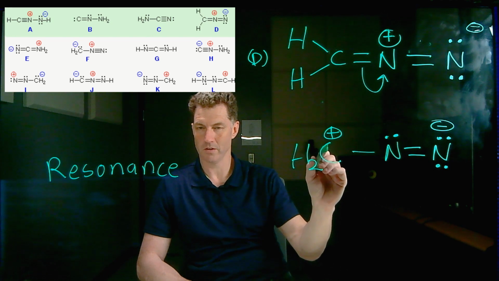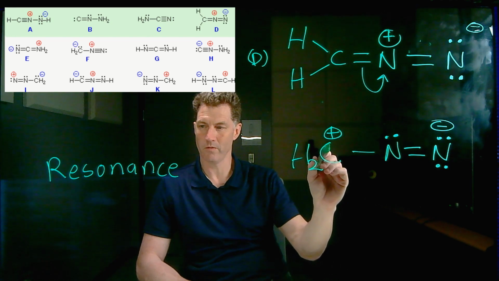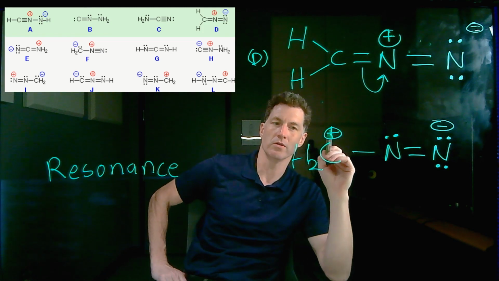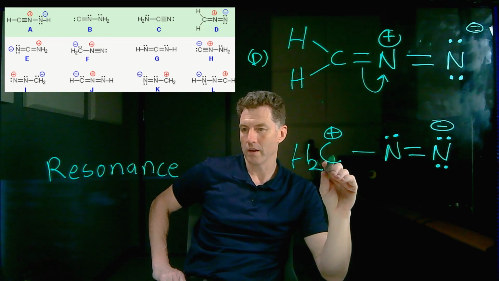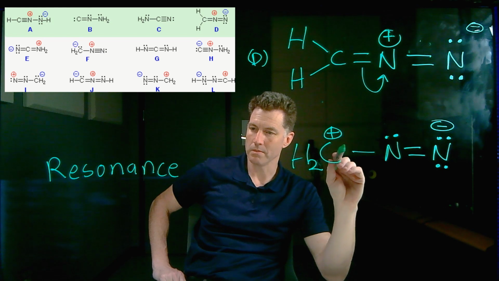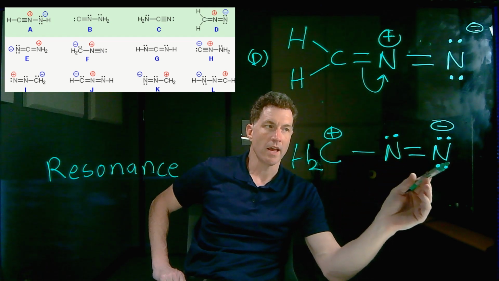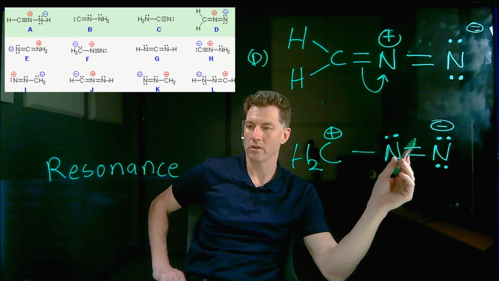In terms of its ownership, it's group 14, so it should have ownership of 4 electrons. We would call this a carbocation, so it's bearing a positive charge. The nitrogen now becomes neutral, and we still have a negative charge on that terminal nitrogen.